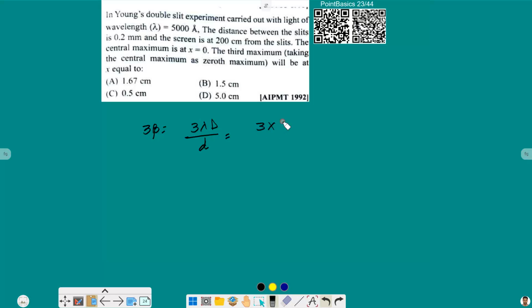So 3, and lambda is 5000 angstrom, and capital D is 2 meter and small d is 0.2 mm, so 0.2 into 10 raised to power minus 3. From this we will get 1.5 into 10 raised to power minus 2, and that will be 1.5 centimeter.